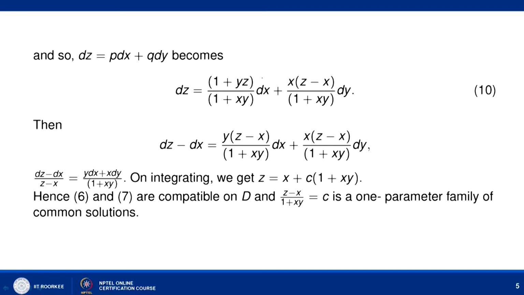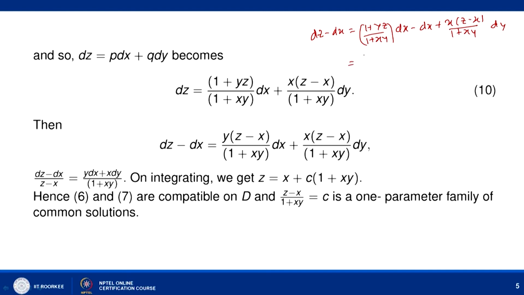So here you have to apply your experience. If you look at it, in dy we have x into z minus x, and in dx we have yz and also xz. So we can simplify this: if you subtract dx from dz, then we can write dz minus dx equals (1 plus yz) upon (1 plus xy) dx minus dx plus (x into z minus x) divided by (1 plus xy) dy.